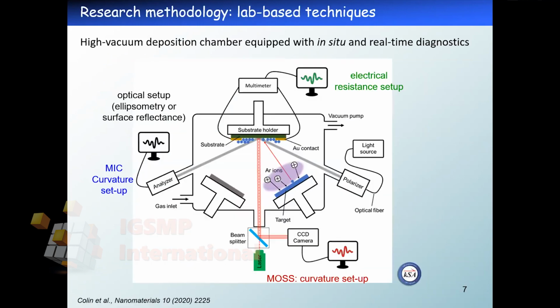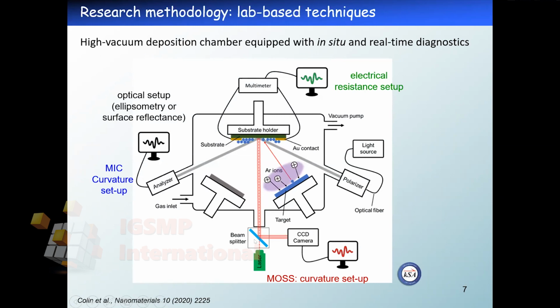The basis of our research methodology is that we are using several in situ diagnostics that are implemented in the high vacuum deposition chamber. You have a sketch here of the deposition system equipped with different cathodes. This is a sputter deposition technique. And we have illustrated here the use of three different diagnostics.